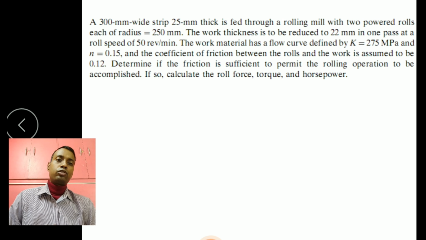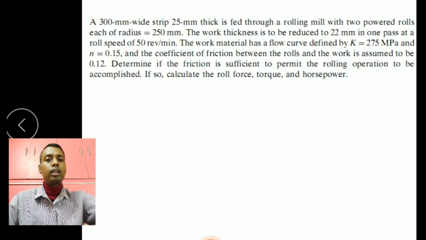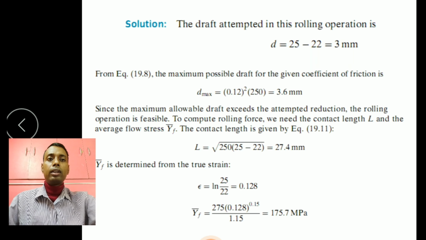The work material has a flow curve defined by K equal to 275 MPa and n equal to 0.15, and the coefficient of friction between the roll and the work is assumed to be 0.12. Determine if the friction is sufficient to permit the rolling operation to be accomplished. Then calculate the rolling force, torque, and horsepower. Very important problem. It may come in your exam and in many competitive exams. So I discuss one by one.